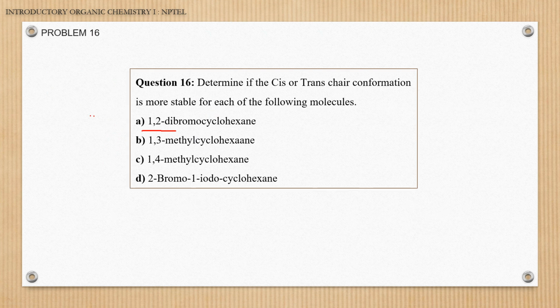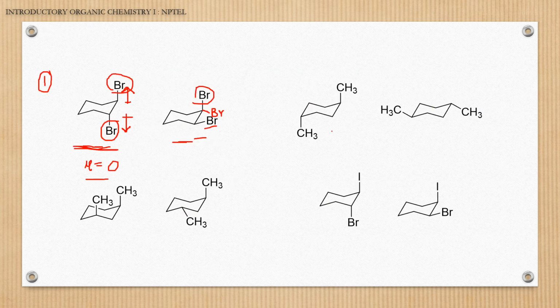Now they are telling about 1,3. This should be dimethyl. 1,3-dimethyl cyclohexane. This is part 2. So I have already drawn the cis and trans conformations for 1,3-dimethyl cyclohexane.